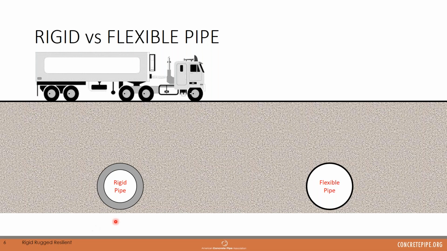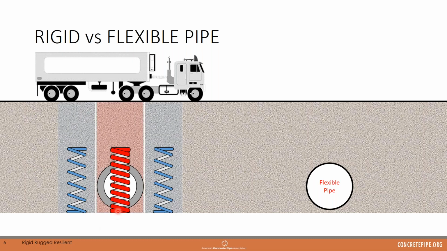In the case of a rigid pipe, as I show you here on the left-hand side, you can represent the pipe as a rigid or stiff spring, because it's not going to compress or deflect very much. And then the side soil on either side of the pipe can be represented with flexible springs, because relative to the pipe, that side soil is a little bit more compressible.